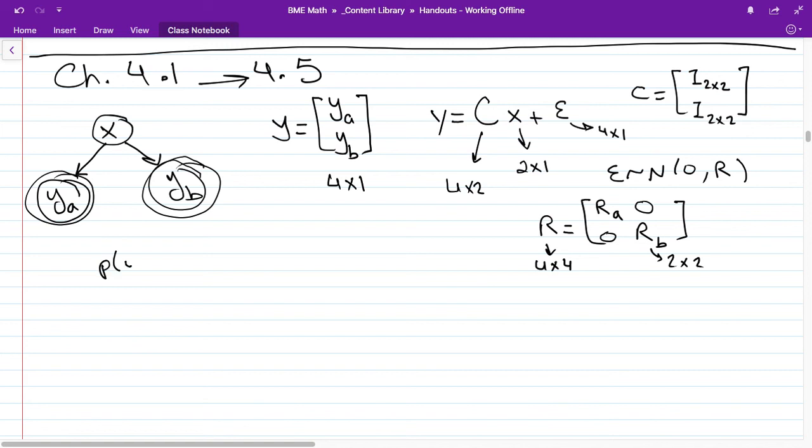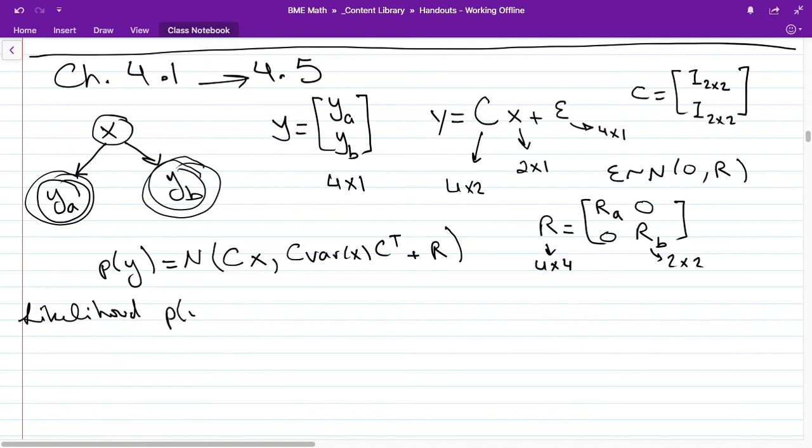The probability of Y by itself, you can look at this equation here. The probability of Y is a normal that has a mean Cx and it has a variance associated with this equation. So variance of this is C variance of X times C transpose plus R. On the other hand, what we're interested in is the likelihood.